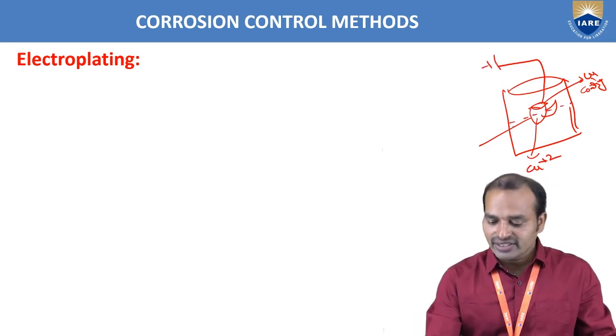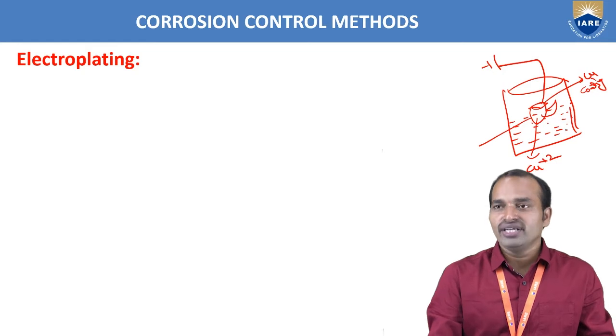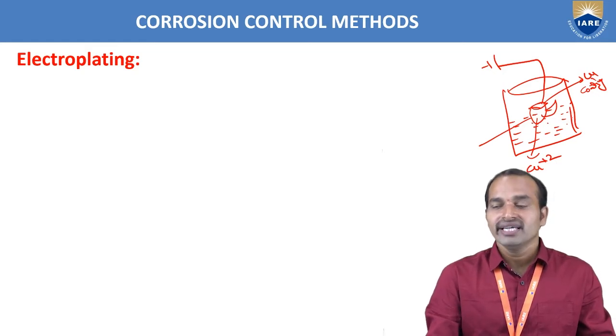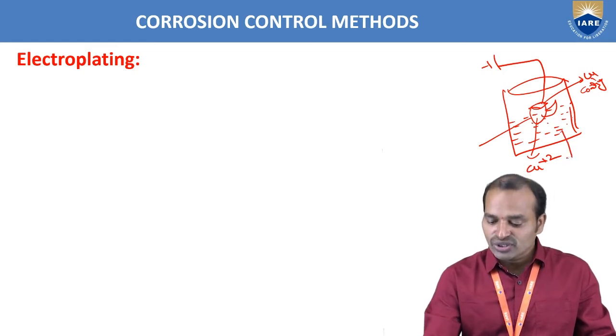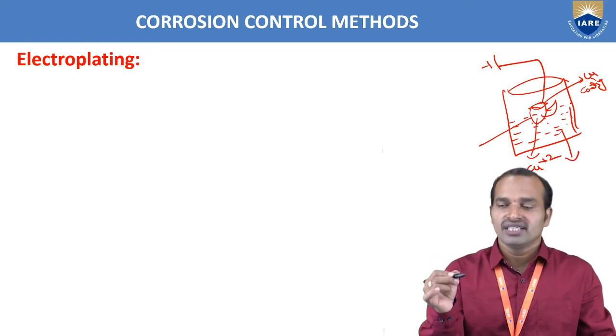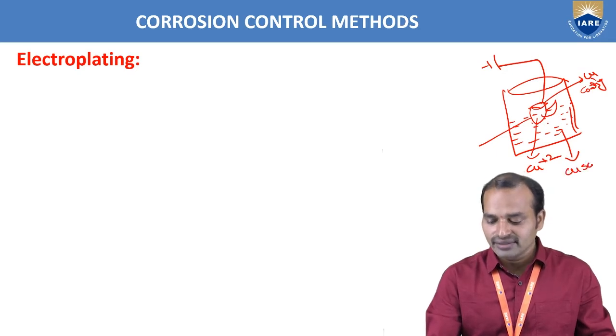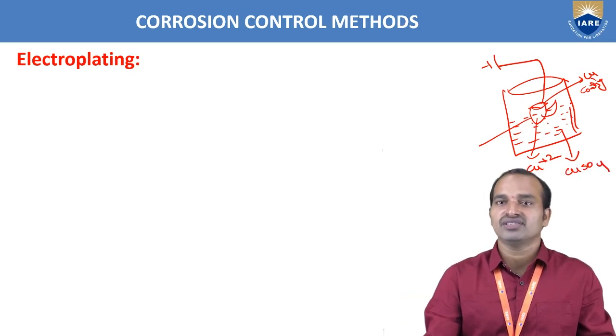The article, the cup, is immersed in the electrolyte solution. This electrolyte solution must contain the metal ions that are to be deposited. That means if we are giving a copper coating, then the electrolyte is copper sulfate solution.